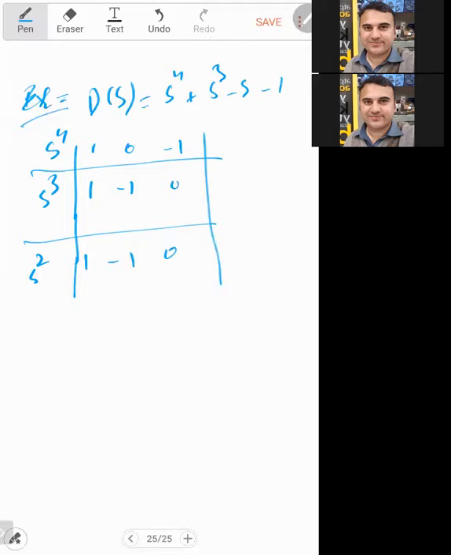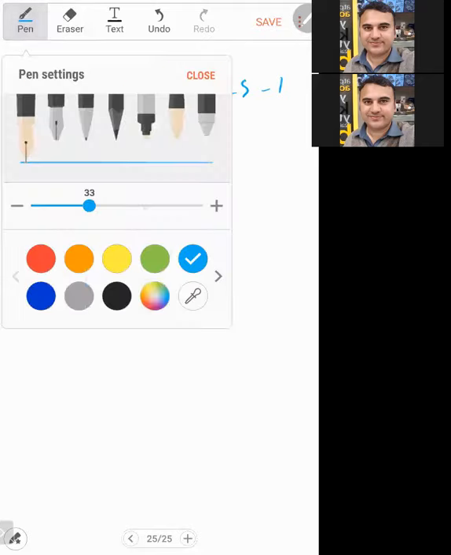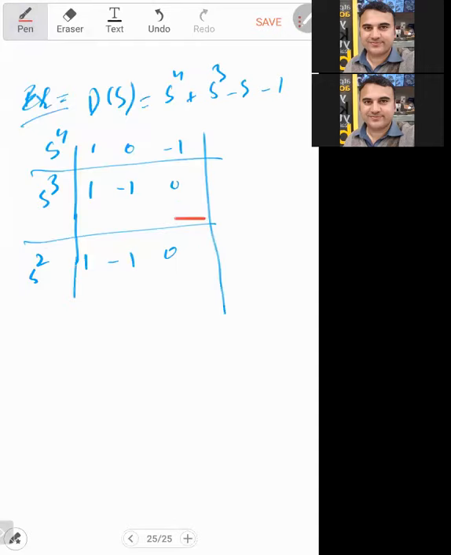And here we get stuck because we got two rows that are the same. You can check, this row and this row are the same.